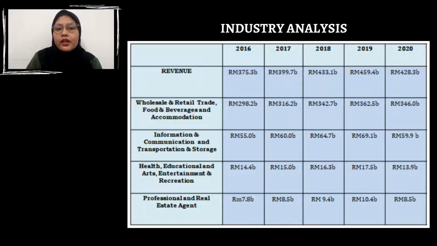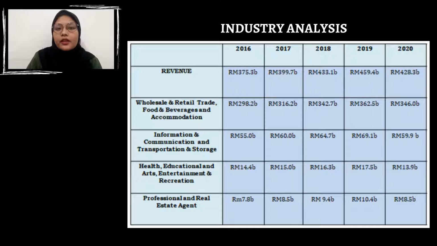From information and communication and transportation and storage is 55 billion ringgit. From health, education and art and entertainment and recreation is 14.4 billion ringgit. From professional and real estate agent is 7.8 billion.